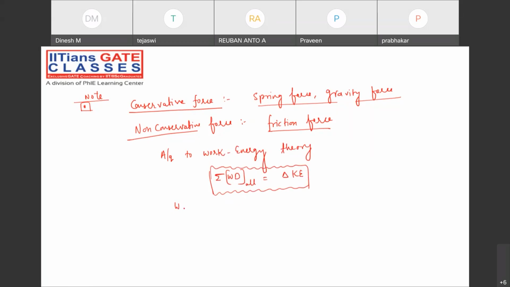Work done by spring force, work done by gravity force, work done by friction force. That will be equal to change in kinetic energy. Please note it down.